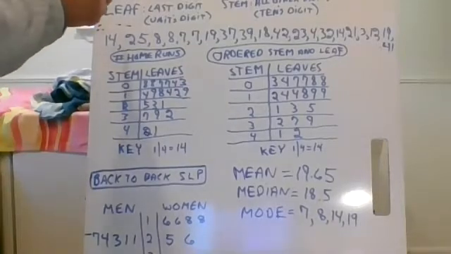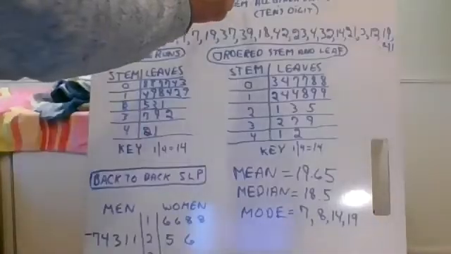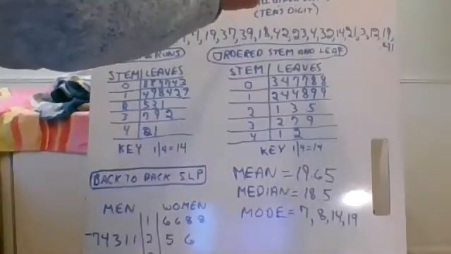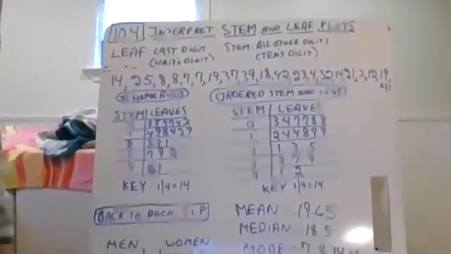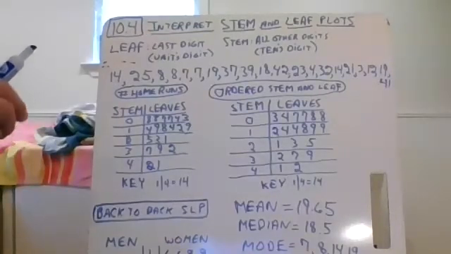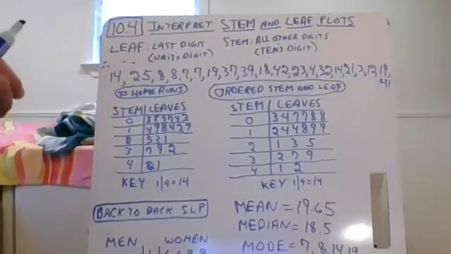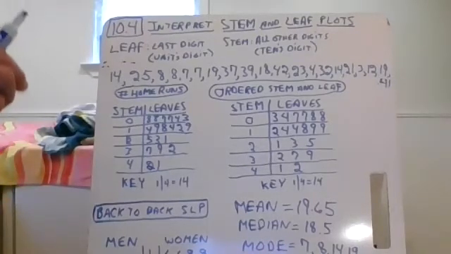All right, now 10.4, interpret stem and leaf plots. They're called stem and leaf plots. They're a way to organize the data so that we can compute the mean, the median, and the mode.